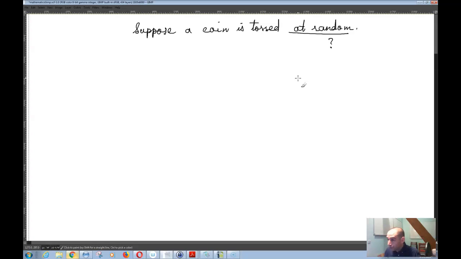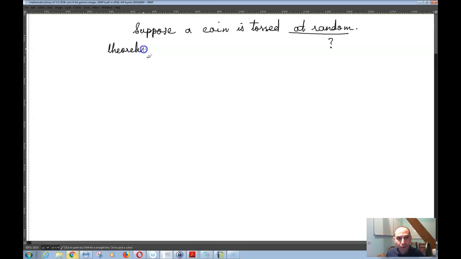Okay, so now there are two things that we need to take into consideration here. When we talk about the coin, what we mean is a coin that practically, of course, doesn't exist in the world.